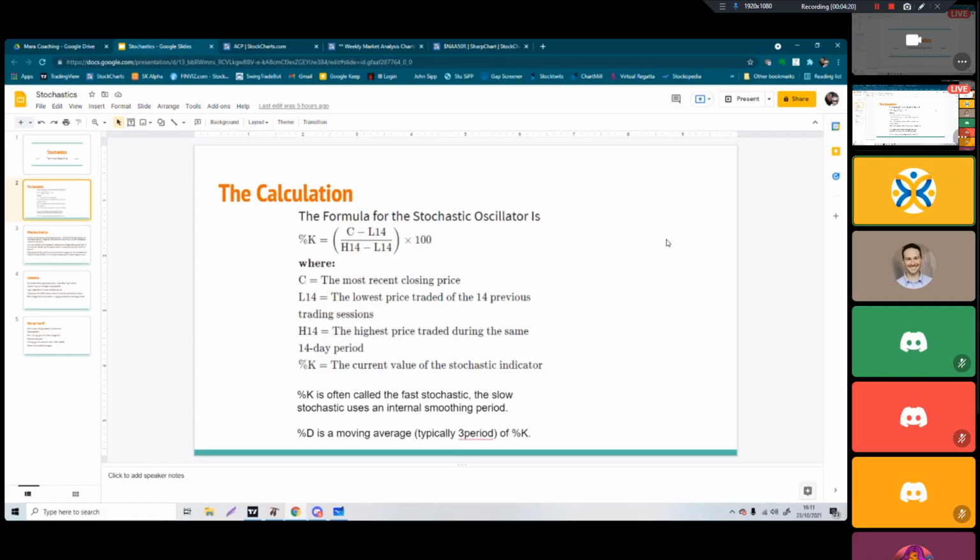They often use internal smoothing as well, which is what is called a slow stochastic, and it kind of smooths things out. And again, I'll go through these one by one. But the smoother the line, I generally find the easier it is to follow.